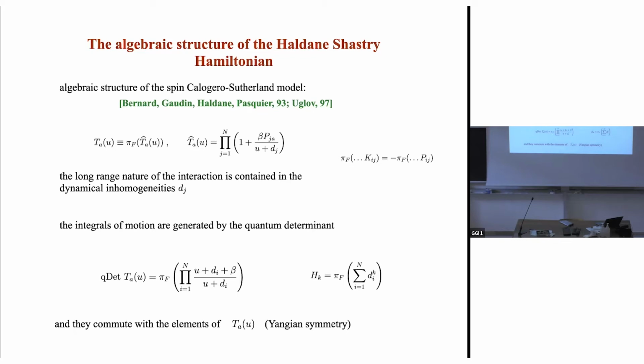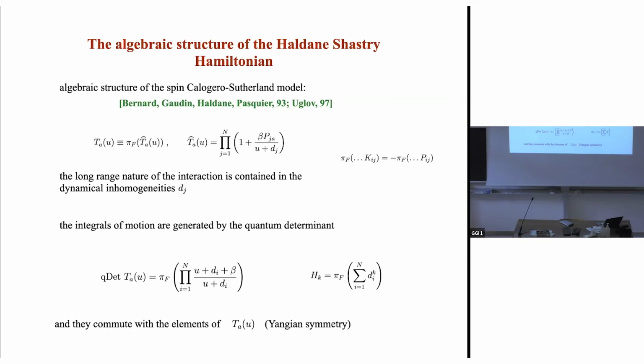So you see that this is a trick which allows to incorporate the long-range interaction of the spin chain into the algebraic structure of the model, which is Heisenberg-like.